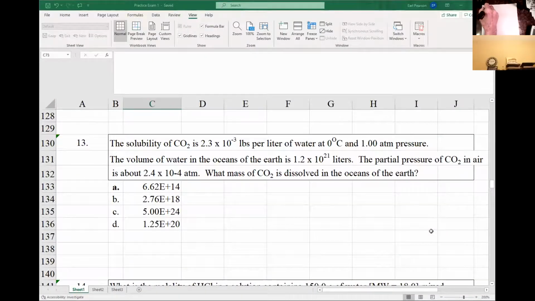Number 13, the solubility is equal to 2.3 times 10 to the negative 3 pounds per liter at 0 degrees C, which would be 273 degrees K, and 1 atmosphere pressure.